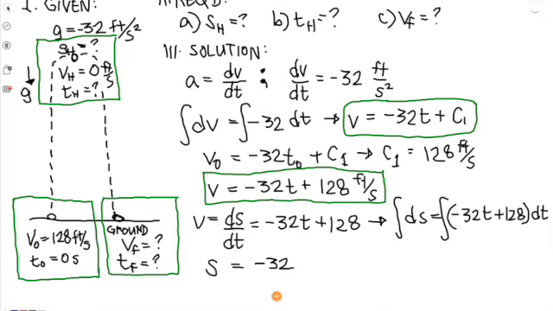So rather this would be negative 16 t squared plus 128 t plus our arbitrary constant C2.